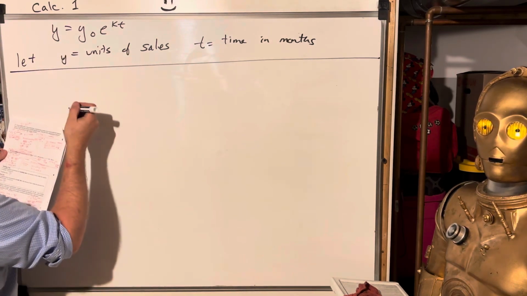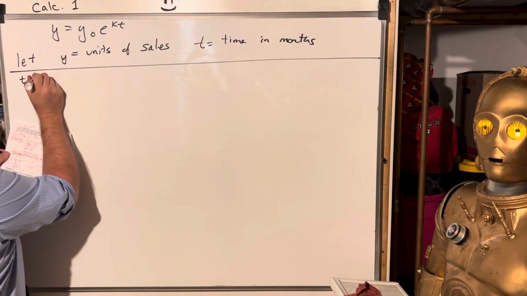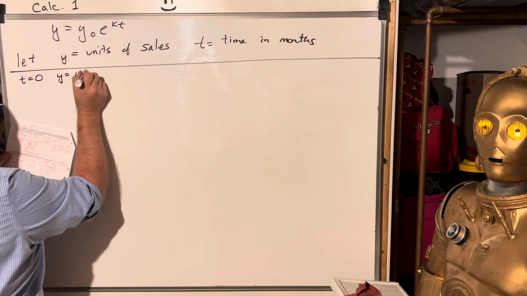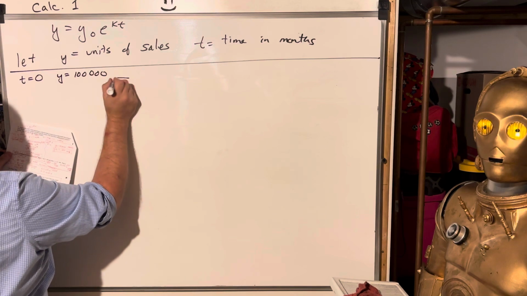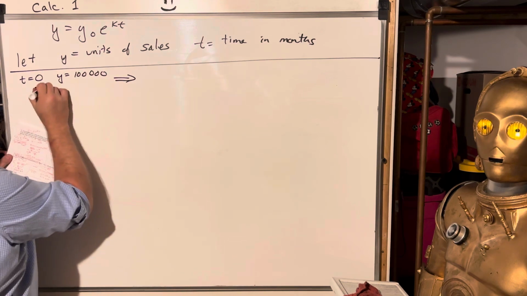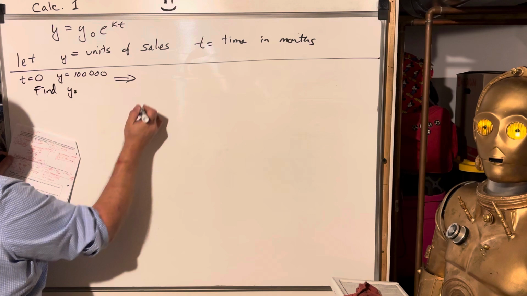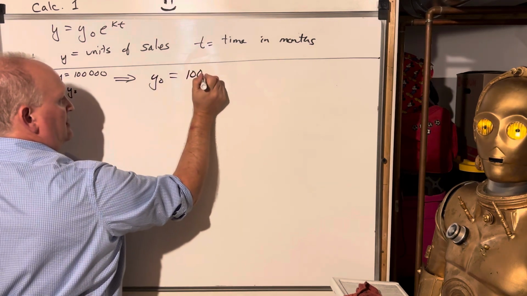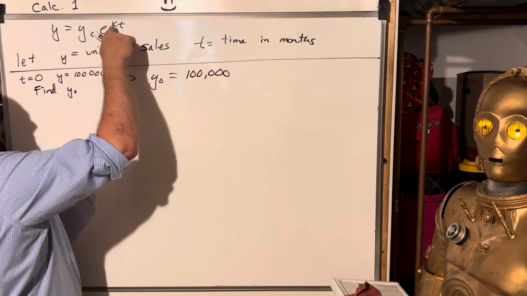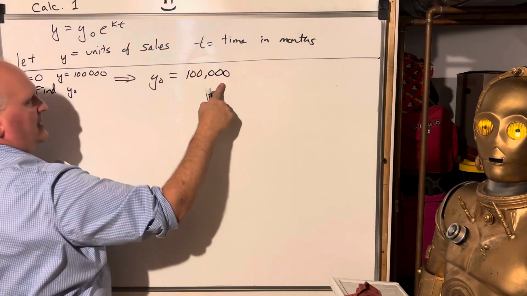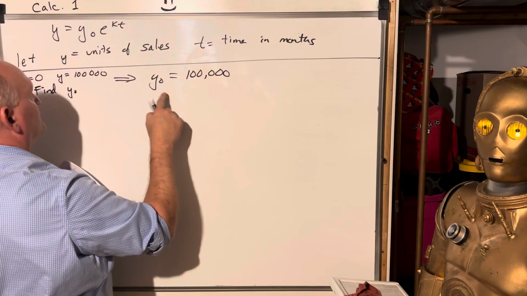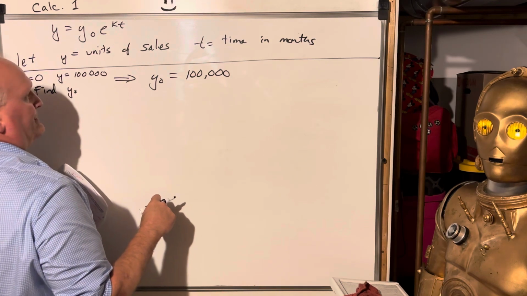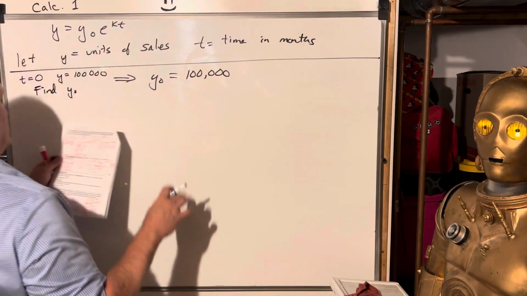So let's start. T equals 0 means y is equal to 100,000, which means that we're going to find y naught, but that is our initial condition. It's 100,000. Again, you could put in the 0, e to the 0, and then that's times 1, and then it's just 100,000, but this is it. Okay.